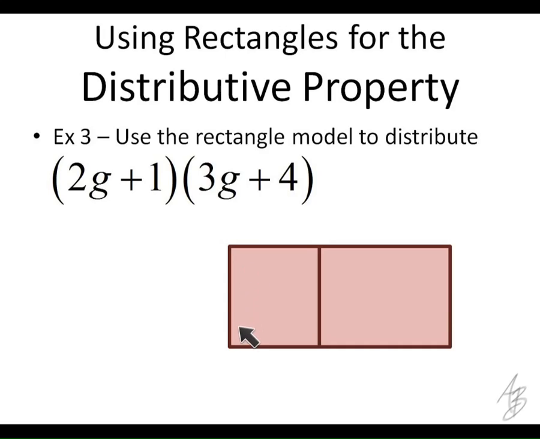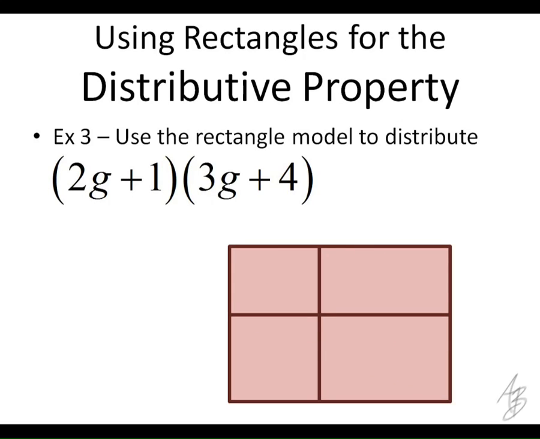Looking at this side right here, there's only space for one term, right? But over here in our first factor, we have 2 terms. So this picture is not going to work. Since we have 2 terms here times 2 terms here, we should have a picture that has 2 boxes by 2 boxes.